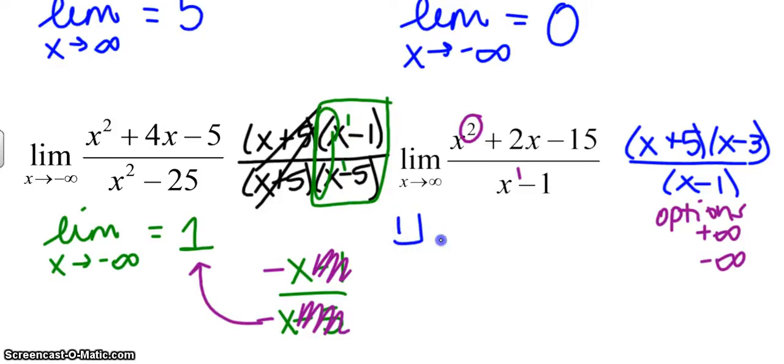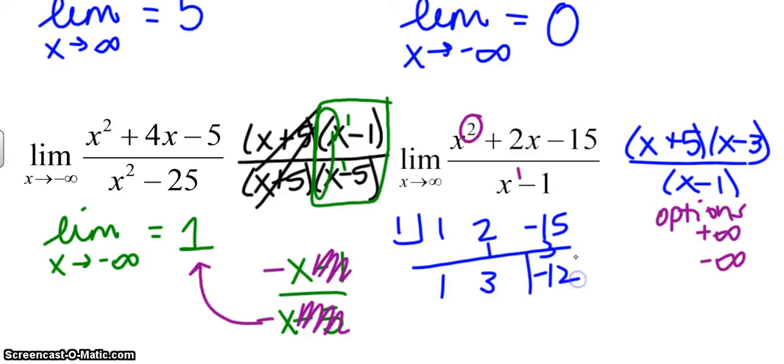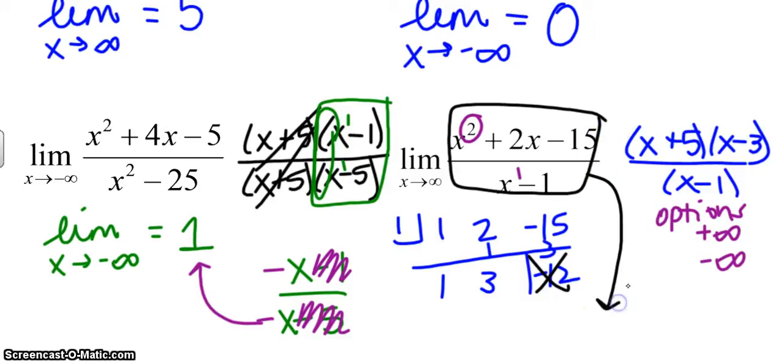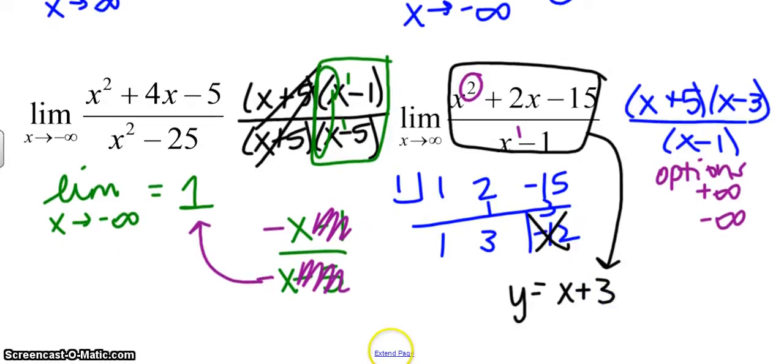So this is going to be 1, 1, 2, negative 15. Remember, for a slant asymptote, we don't care about this part, we just care about here. So this function is following to infinity in the same way that the line y equals x plus 3 follows to infinity.